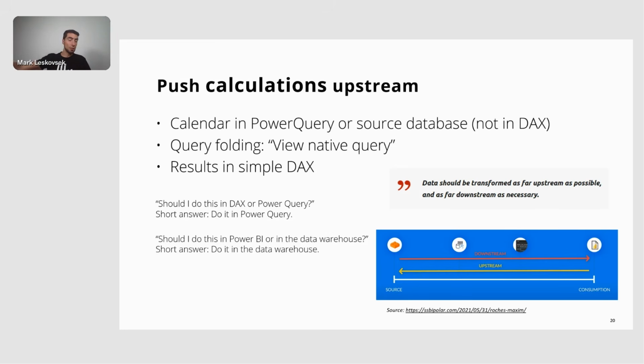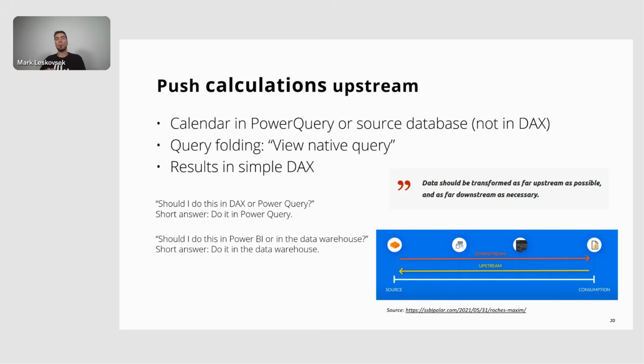If you need data transformation logic that depends on the context of the current user interacting with the report, things like slicers and cross-filtering, this is the perfect job for a DAX measure, because Power Query doesn't have access to the report context. So implementing this logic farther downstream in DAX makes sense because it's necessary.